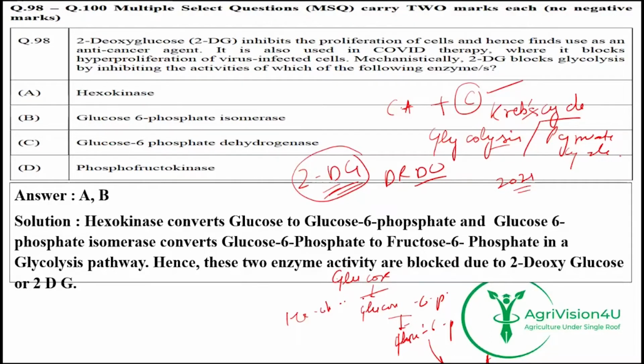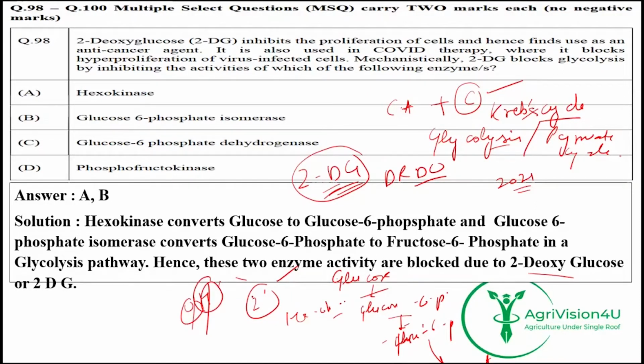So these two enzymes are blocked due to the deoxyglucose or 2-DG because the structure of the glucose changes. The structure of the glucose changes at the 2 position. There, in the OH, the O is removed and we're only left with H.